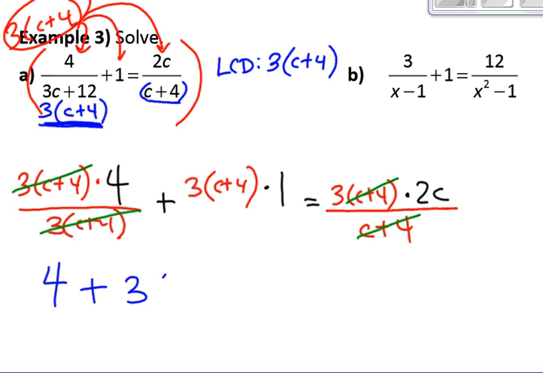I'm going to multiply by 3 times c plus 4 times 1, so that does not change it. The last one has the c plus 4 in common, so what I'm really multiplying the numerator by is the 3. Multiplying 3 times the numerator, you get 3 times 2c, which is 6c.